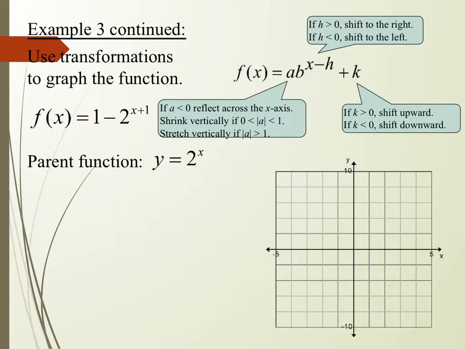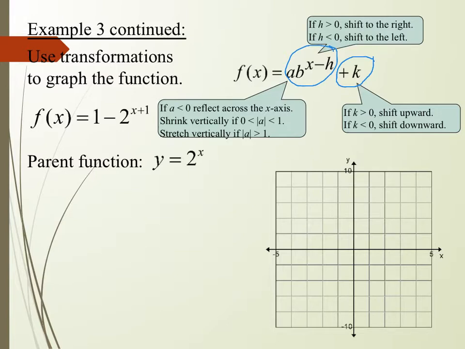So in this case, it says use transformation to graph functions. One of the ideas that you have to look at is whether you're adding or you're subtracting from the exponential part of the function, which is this part of the function. If you're adding or you're subtracting, you're either going to shift up or you're going to shift down.